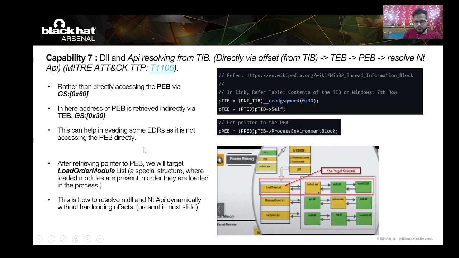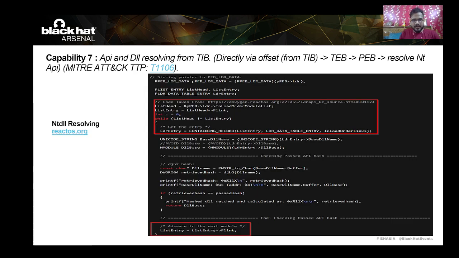So for that, we would be targeting a special structure called the load order module list, where all the loaded modules are present in order. They are actually loaded in the process. And this particular code snippet shows how we would be resolving the NTDLL address from the already loaded NTDLL in our present process.